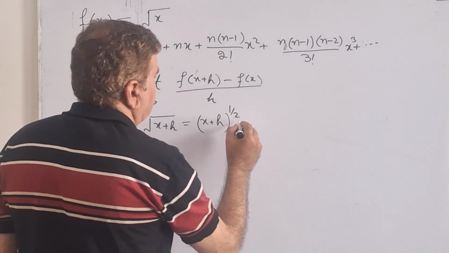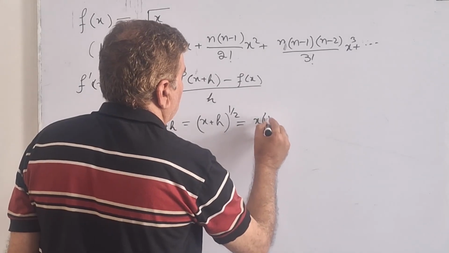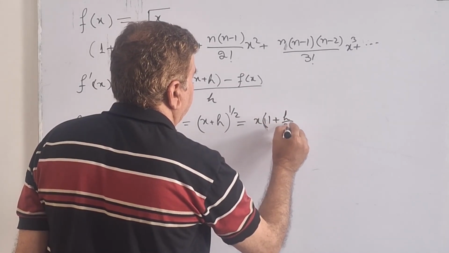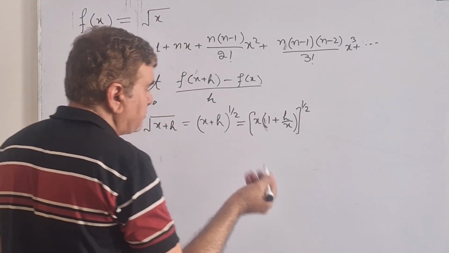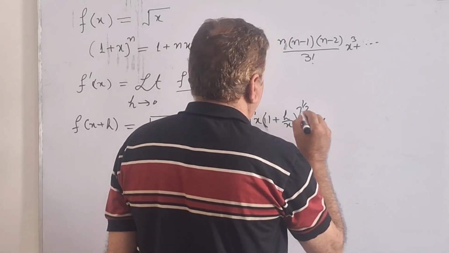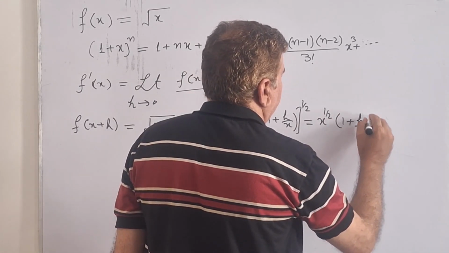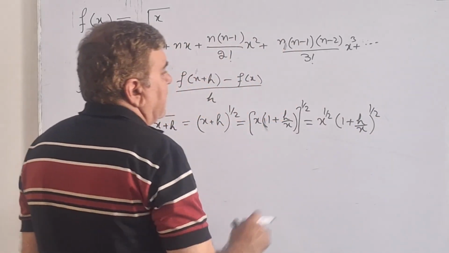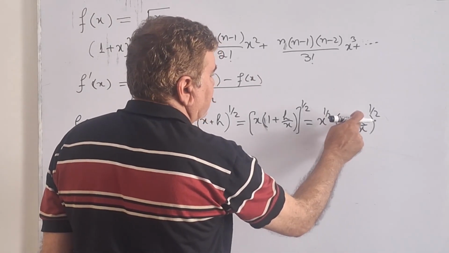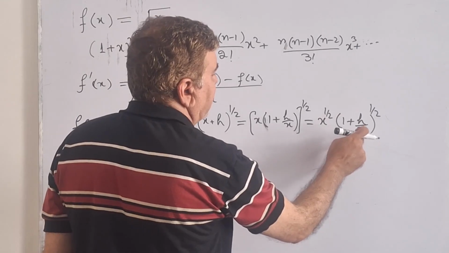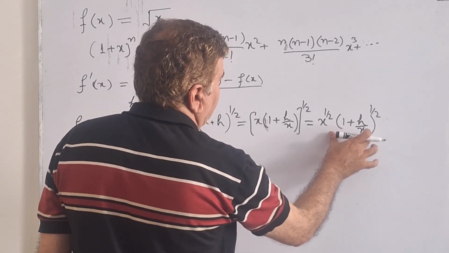I can further write this in the form x into (1 plus h divided by x), the whole power half. In the next step, I can separate the two factors. I can apply binomial expansion to this term because h is very, very small. It tends to 0. Therefore, h divided by x satisfies the condition that it is less than 1, and I can use binomial expansion.